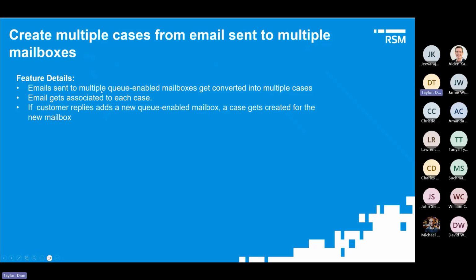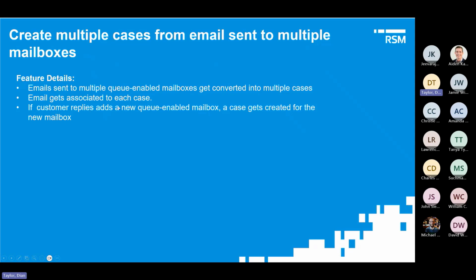If emails are sent to multiple queue-enabled mailboxes, they get converted into multiple cases. Let me give you an example. I have two different mailboxes that are queue-enabled: support and product support. I have one email that is sent to both of those mailboxes. Guess what? Two cases are being created. I don't know if I like that, right?